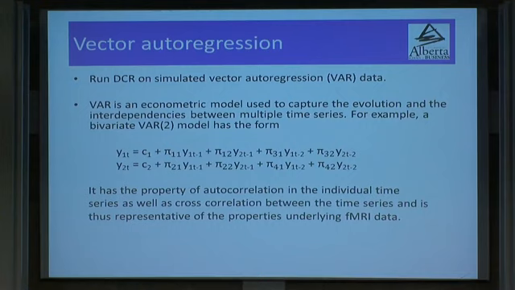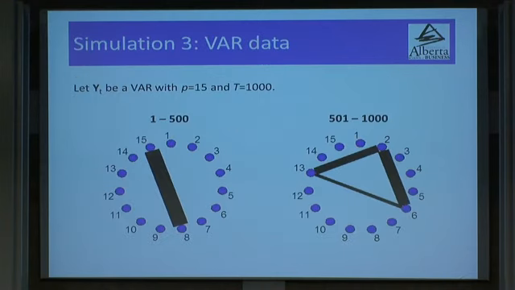So a VAR2 model has this form, and it has the property of autocorrelation in the individual time series, as well as possible cross-correlation between the time series, and is just representative of properties underlying fMRI, okay? So we're going to run DCR on VAR data and check to see how it performs.